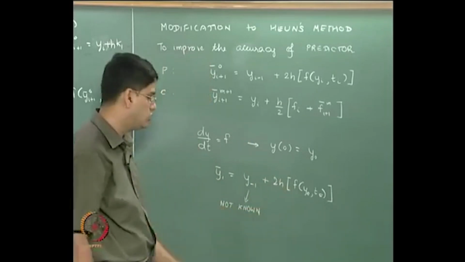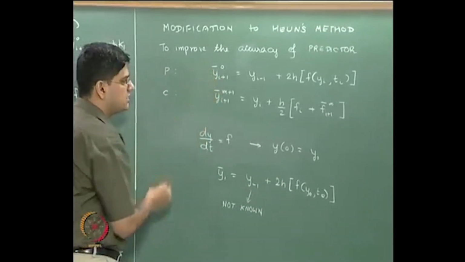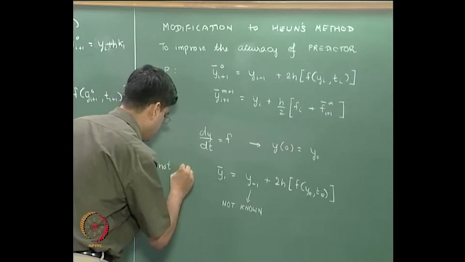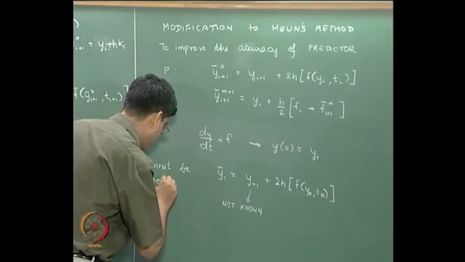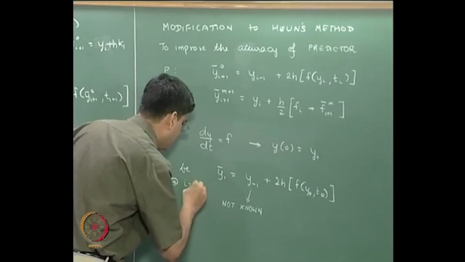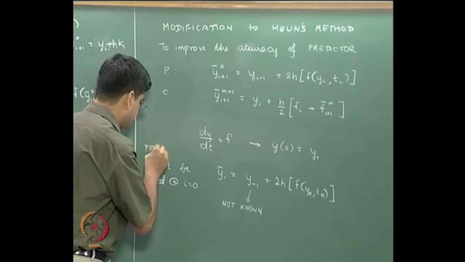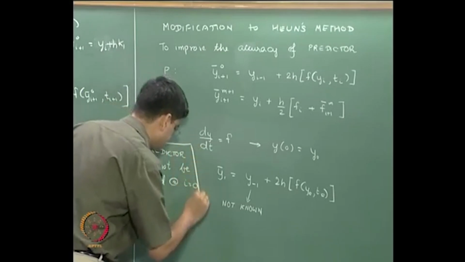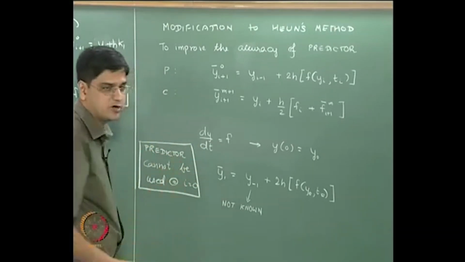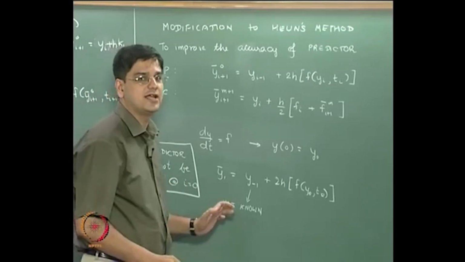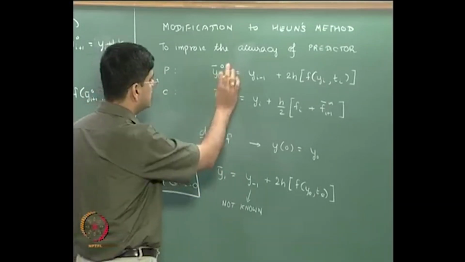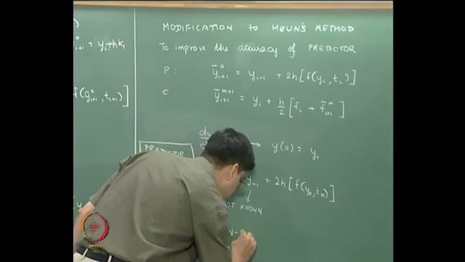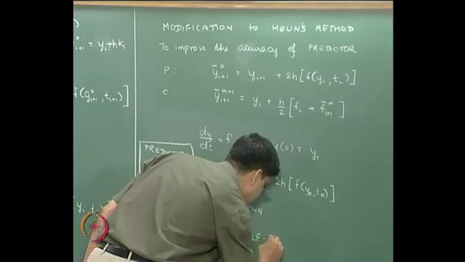As a result, this predictor equation cannot be used at i equal to 0. Okay. So the predictor equation cannot be used at i equal to 0. As a result, this improved Yuen's method is not a self starting method.